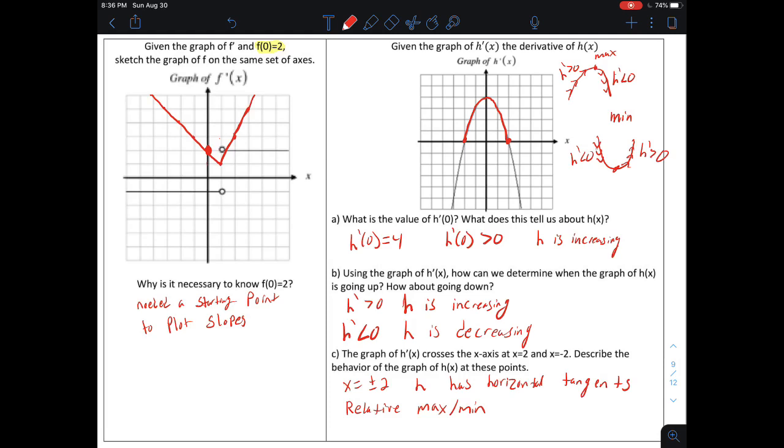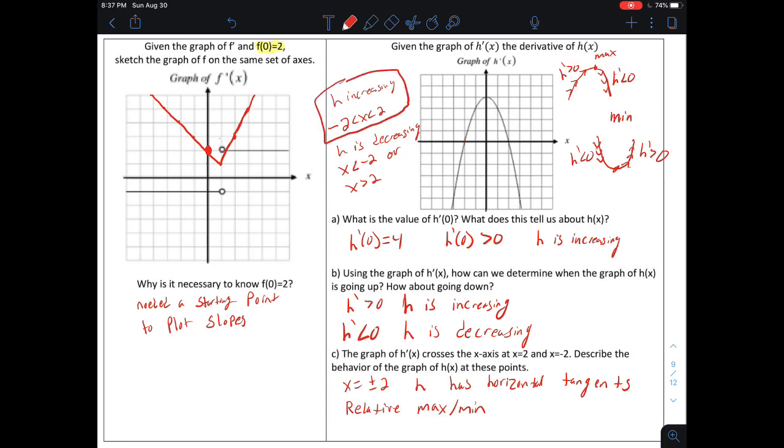So that means I'm increasing in between. So from -2 to +2, h is increasing there. And h is decreasing when x is less than -2 or greater than 2.